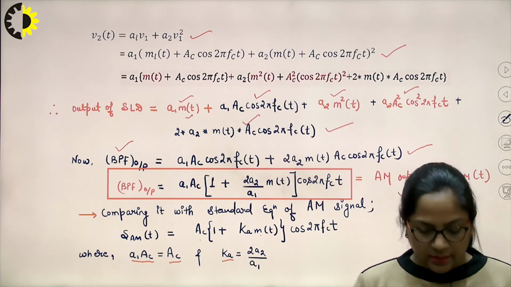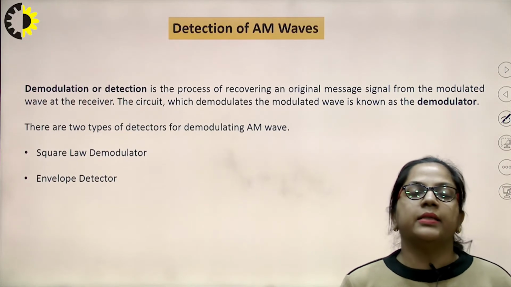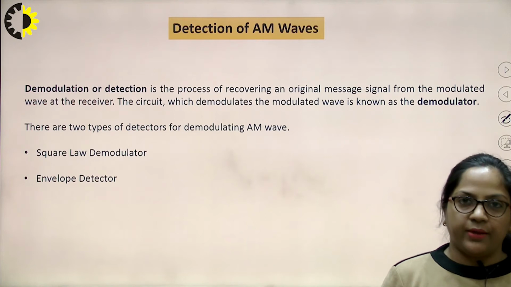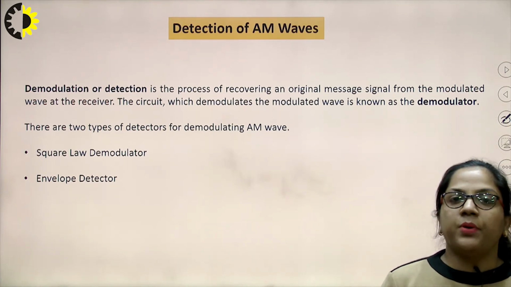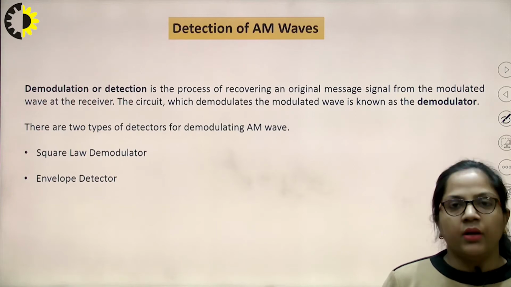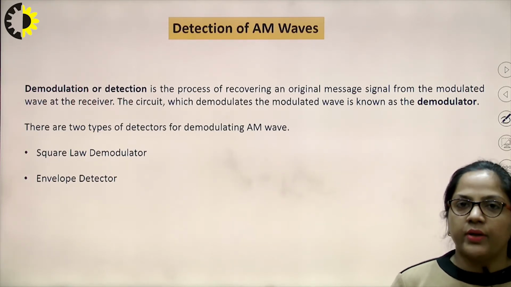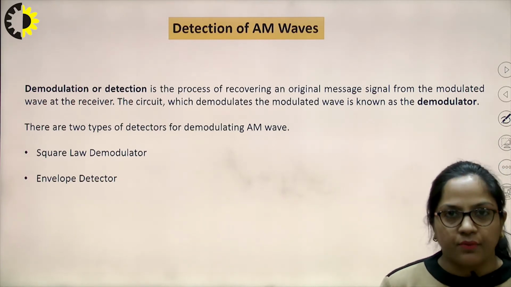The next thing is the detection or the demodulation of the AM wave. The detection or the demodulation process is performed at the receiver. What is demodulation or detection? It is the process of recovering the original message back from the modulated waveform.